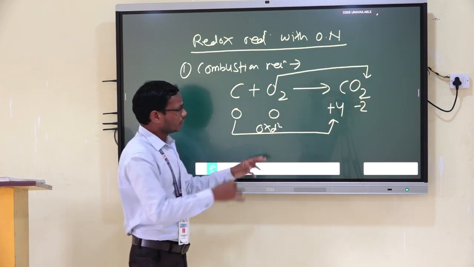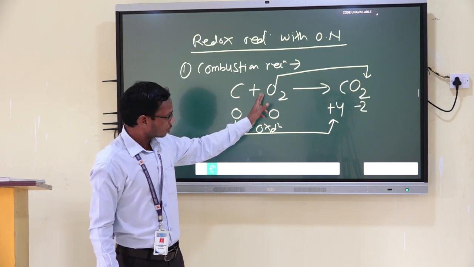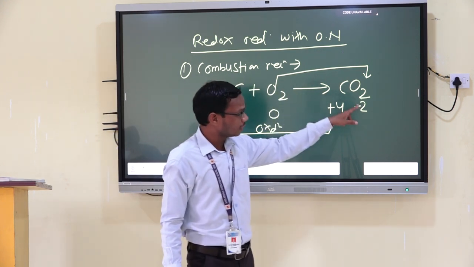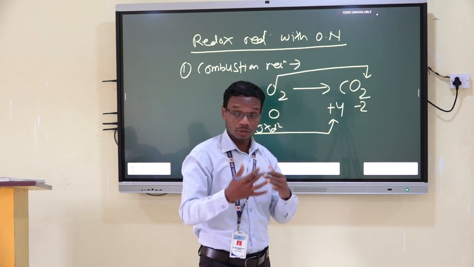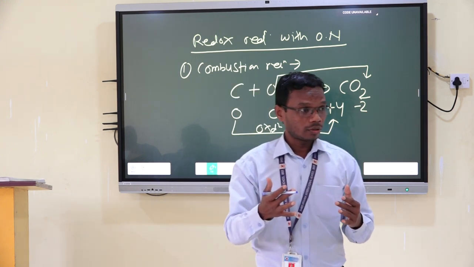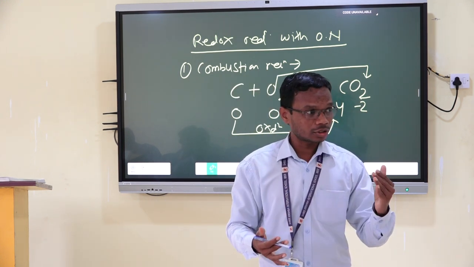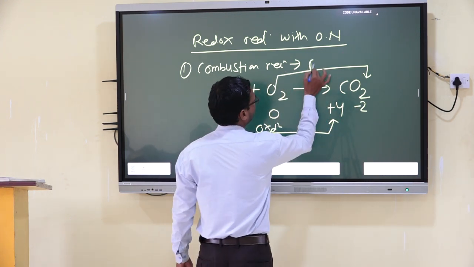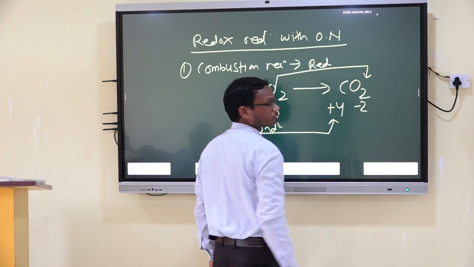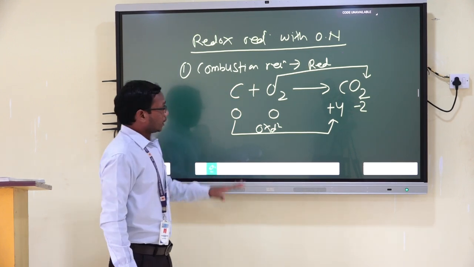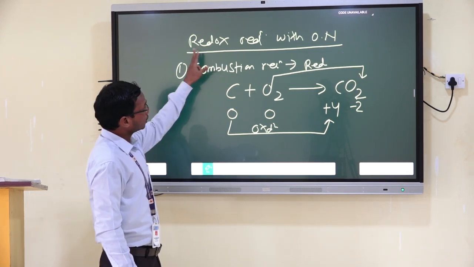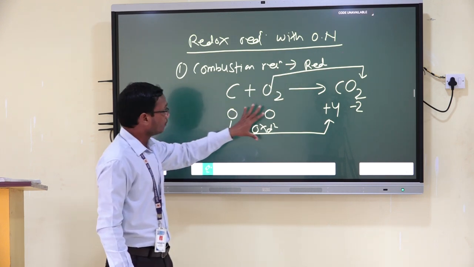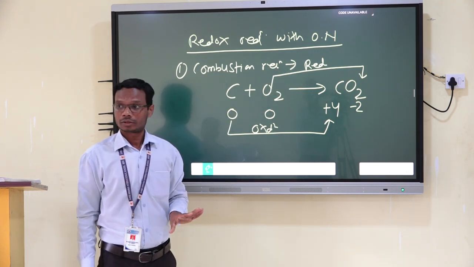In the reactant side, the oxidation number of oxygen is 0. In the product side, 0 to -2. That means the oxidation number decreased. Decrease means reduction. Okay, this is a redox reaction. Compared with oxidation number, the type is combustion reaction. Understand clearly?